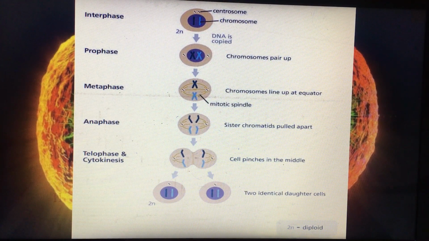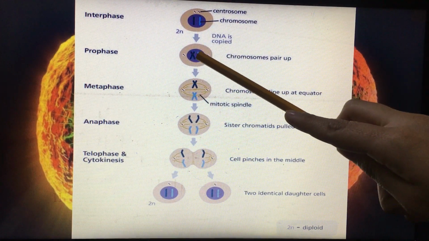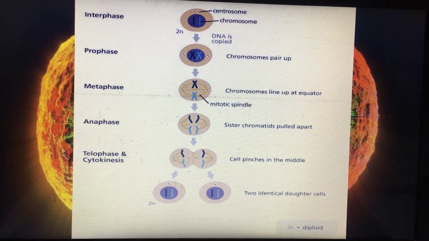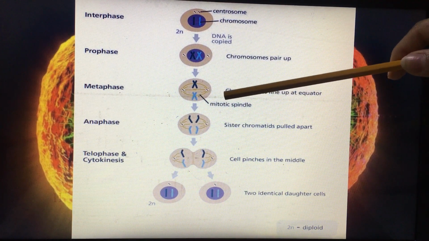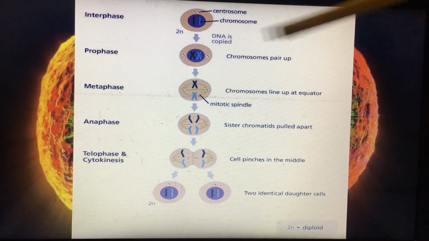They join at the centromere. So in the middle of the chromatids, we have the centromere. After that, the chromosomes become attached to the spindle. And the spindle is made of fibers which run from one pole to another.